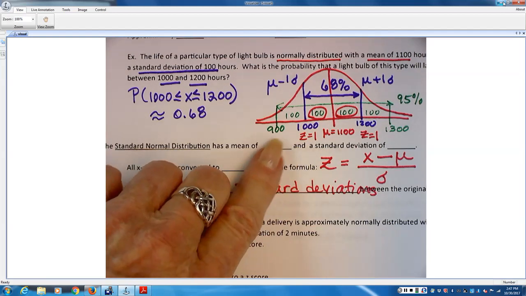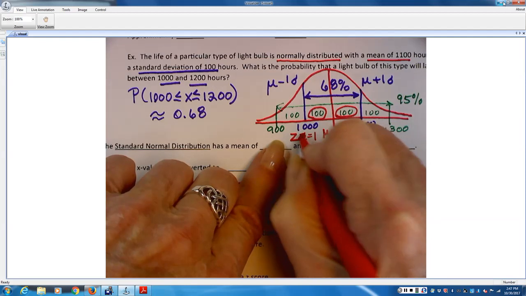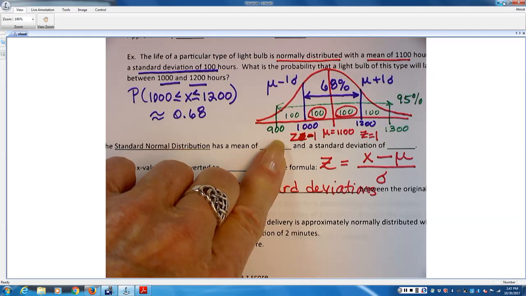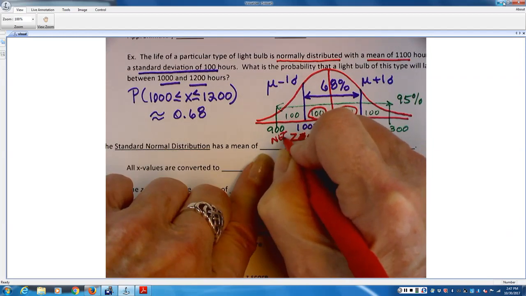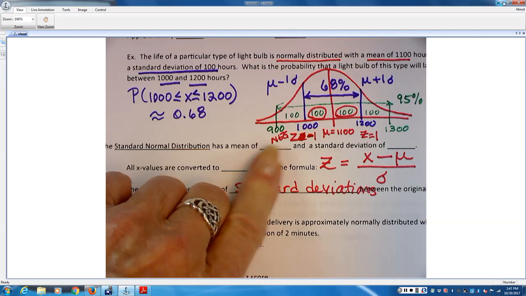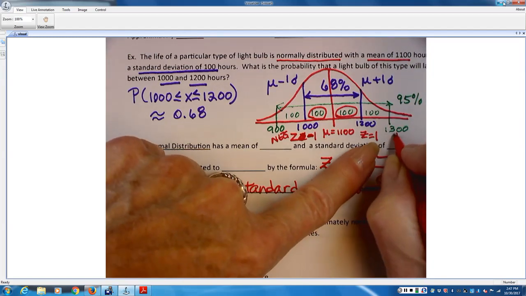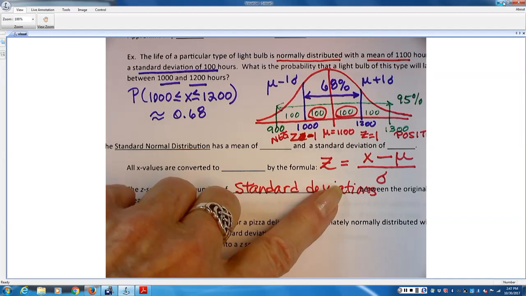The difference is that this z-score is actually -1, and the negative tells you it's below. So all your z-scores to the left of the mean are negative. All your z-scores to the right of the mean are going to be positive.